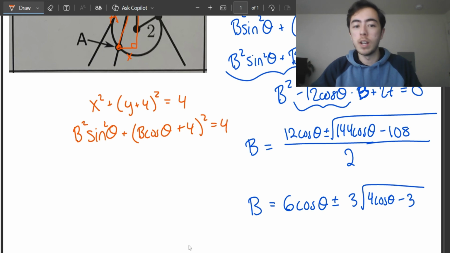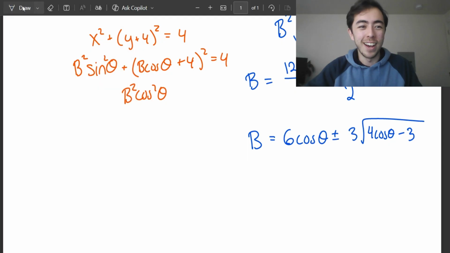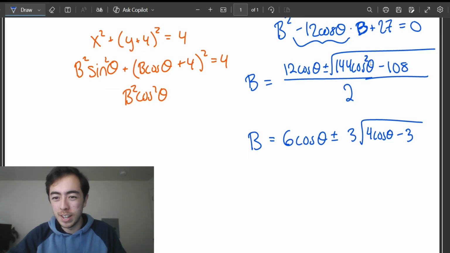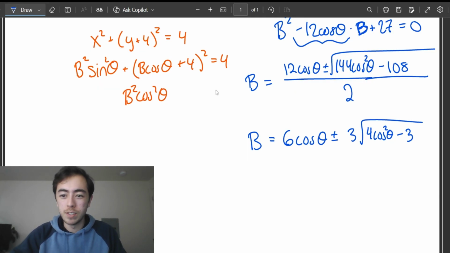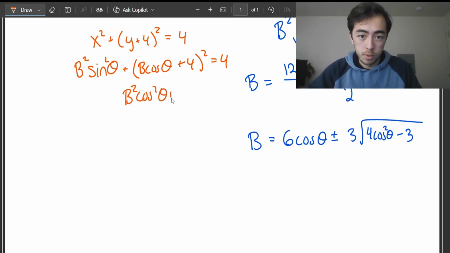This equals 4. And let's just do the same process, right, where we distributed this binomial right here. Oh, this is me remembering that I should have squared some stuff over here. That cosine should have been squared, as should that one. Then we have plus 8b cosine theta.